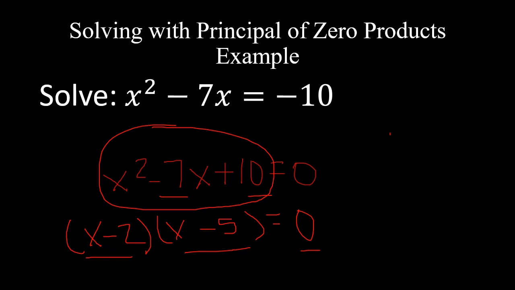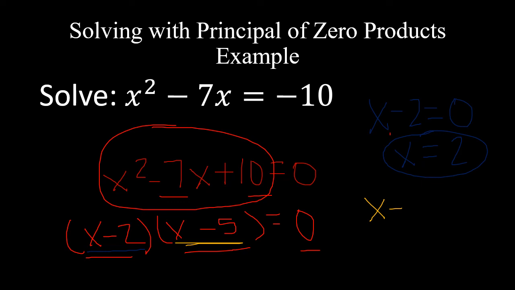So let's call x minus 2 our first case. So maybe x minus 2 equals 0. Well, in that case, x would have to be 2, right? All I did was add 2 to both sides to isolate the x. Okay, well, let's call x minus 5 our second case. Maybe x minus 2 wasn't the factor that equaled 0. Maybe it was x minus 5. So if x minus 5 was the factor that equals 0, then x would have to be 5.